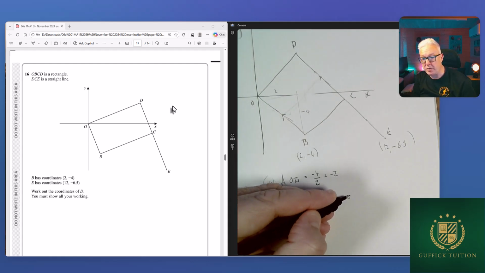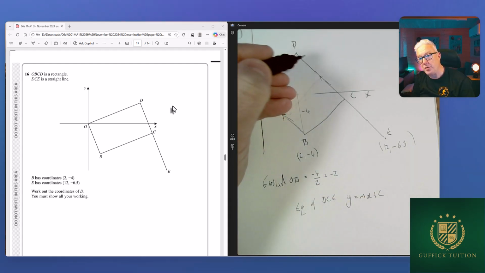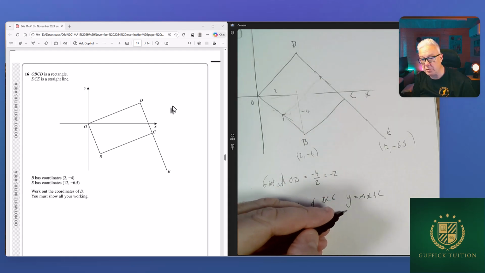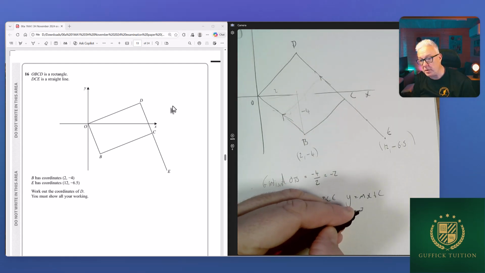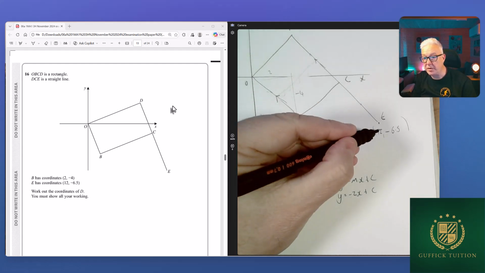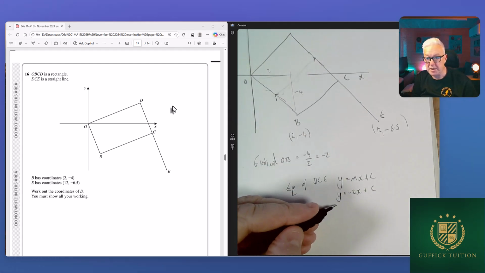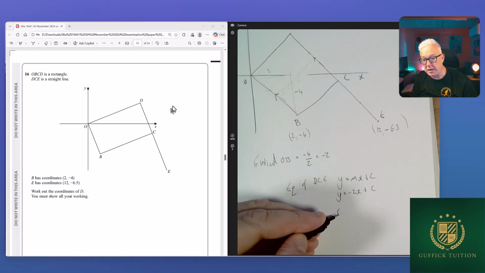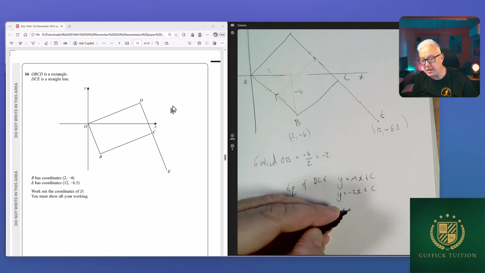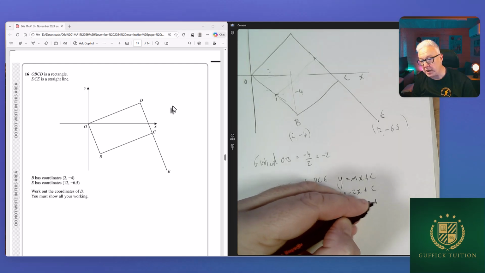So let's write down y equals mx plus c. We know the gradient of this line is -2, so y is equal to -2x plus c. And we know that this point, 12, -6.5, lies on the line. So let's sub that in. -6.5 is equal to -2 times x, which is 12, plus c.